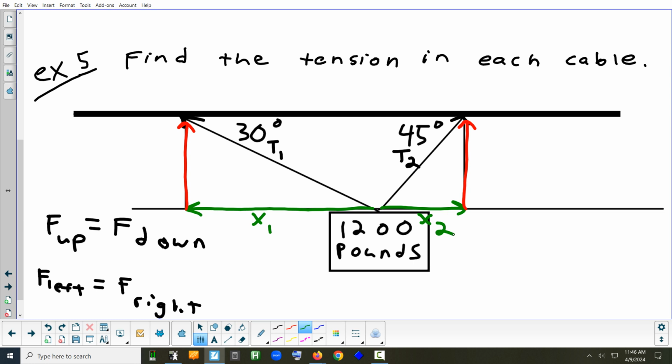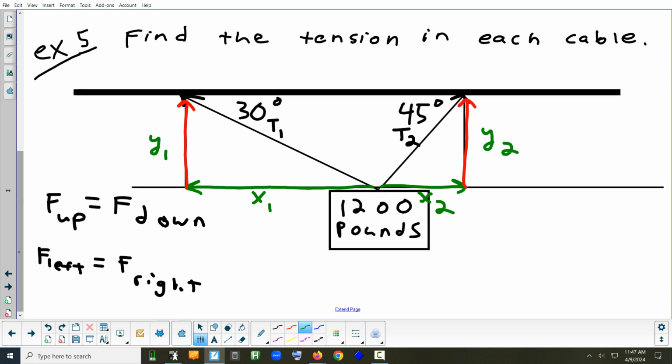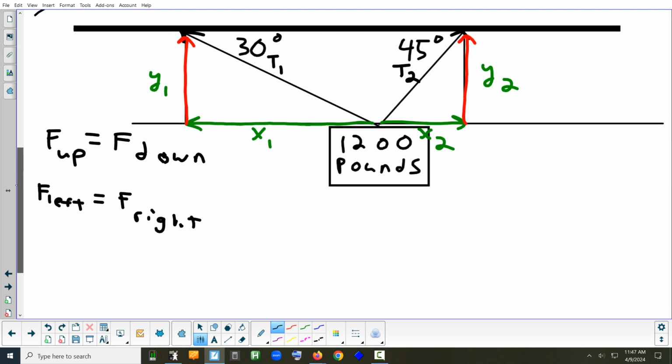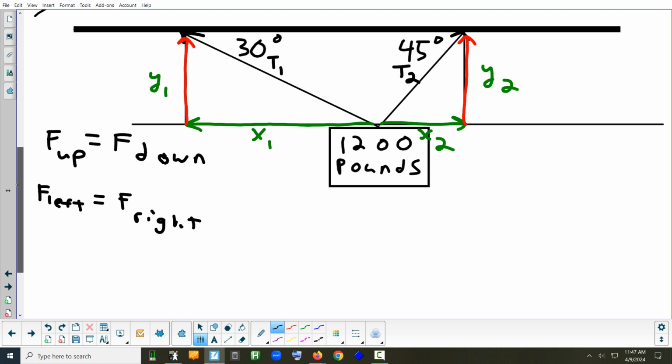And what about the red one that points up on the left? Y1. So that'll be y1. And on the right, y2. The y1 and y2 are the same, yes. The x1 and x2 are not. So let's start filling in y1s, x1s, y2s, and x2s instead of up, down, left, and right. Well, technically you wouldn't have to do y1 and y2 since they're the same.